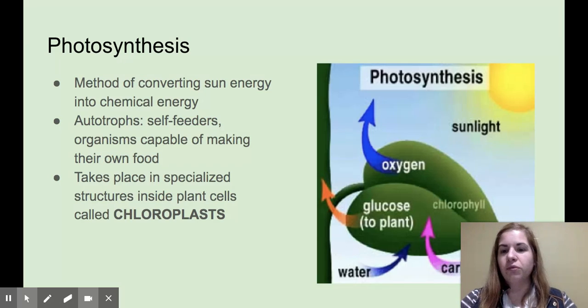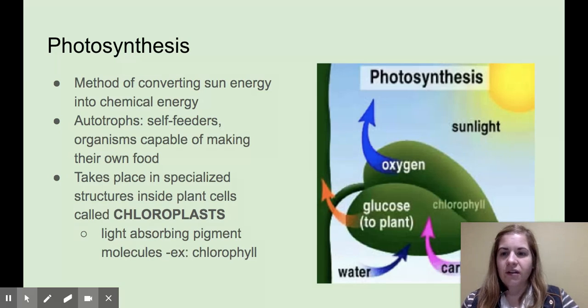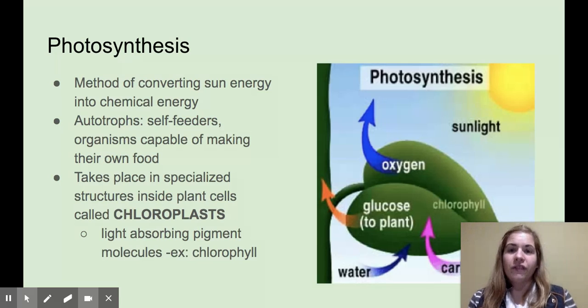And you might recall chloroplasts when you were learning about the organelles of cells. Plant cells have chloroplasts. There are other organisms that are autotrophs, but the chloroplast is specific to photosynthesis. The whole process takes place in the chloroplasts, and it all happens because there is chlorophyll inside of the chloroplasts, and these are just little pigments that absorb the light.